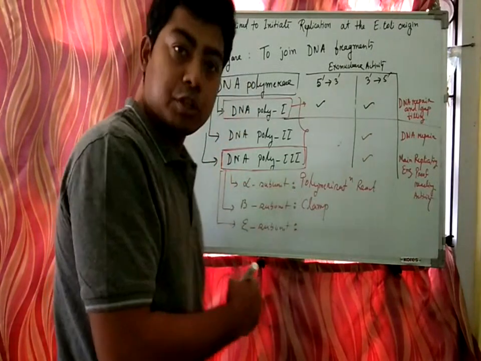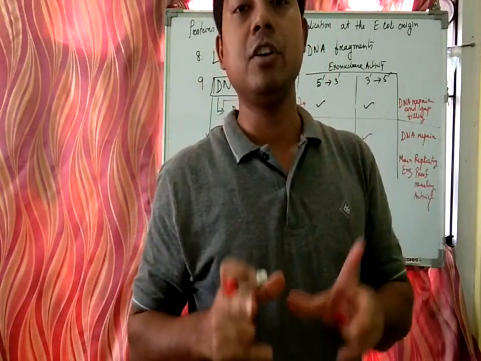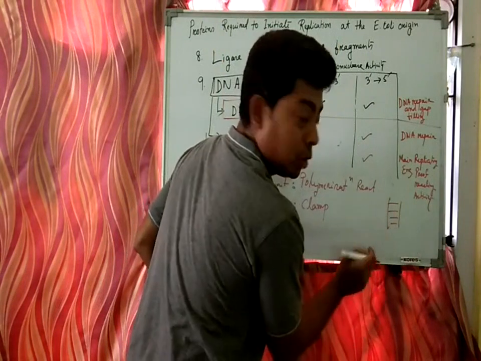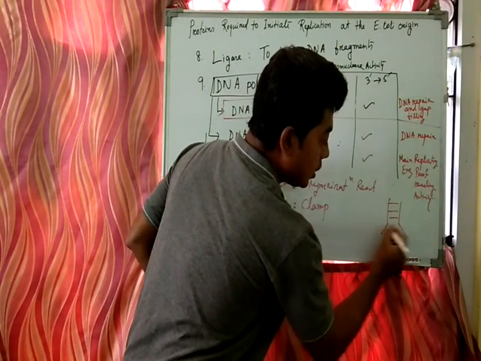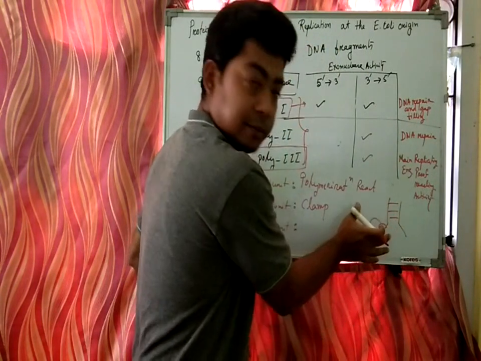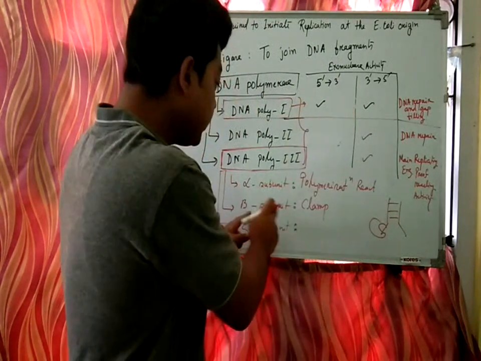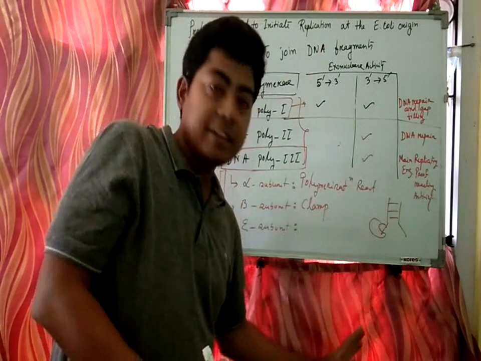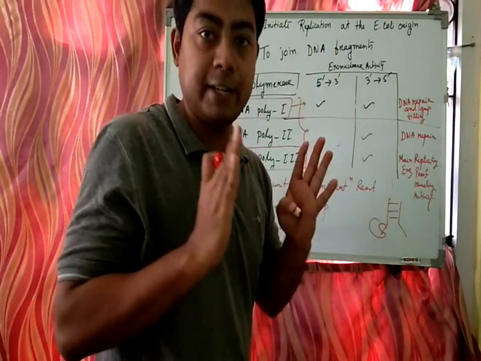What is a clamp? A clamp means it will give optimal processivity. So this is double stranded DNA. When the hydrogen bonds break down, it will open up. So the polymerase will bind here, DNA polymerase, for the polymerization reaction. It acts as a clamp, so it will not fall off easily from this strand, to give optimal processivity.